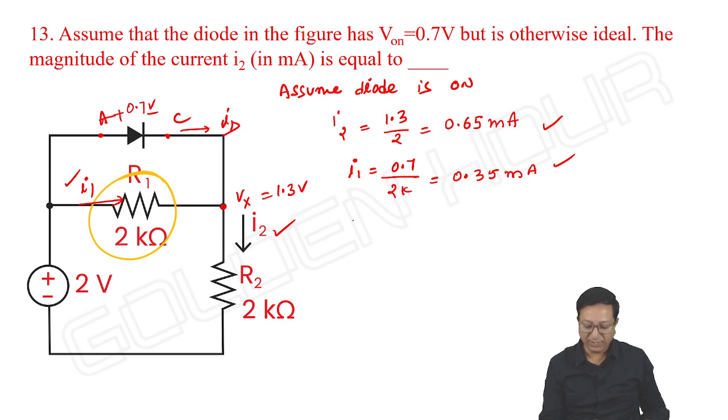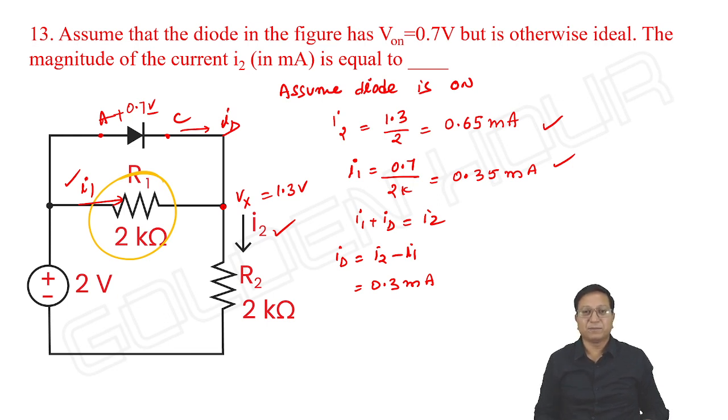Because I1 plus ID is equal to I2, and hence ID is equal to I2 minus I1. It is positive. It is 0.3 milliampere. 100% our assumption is correct. Then I can say absolutely I2 is 0.65 milliampere.